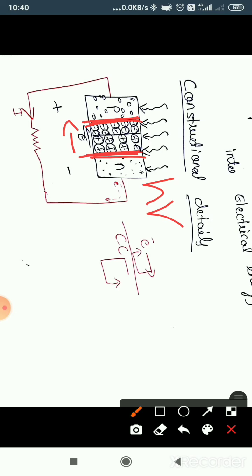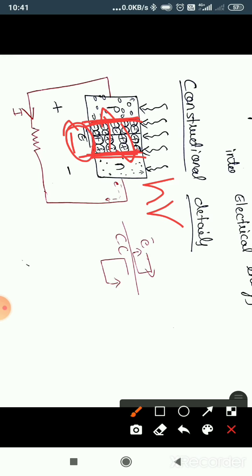Now the electron hole pairs generated in the junction, because of this electric field, what will happen? The electrons will be swept back to the n region and the holes will be swept back to the p region.